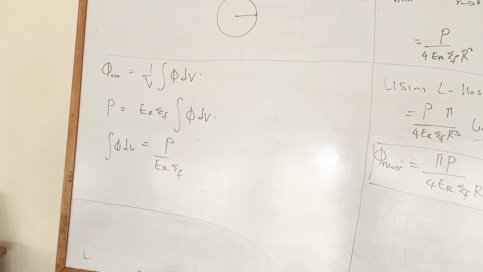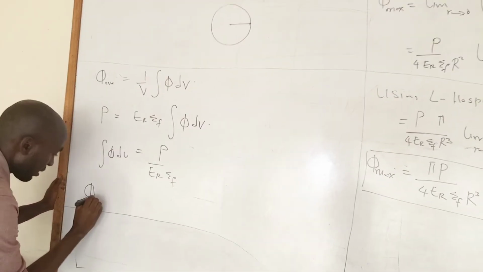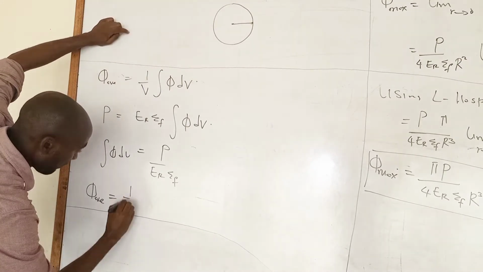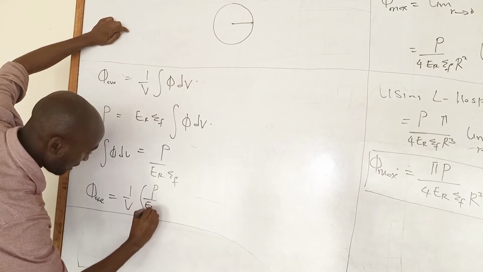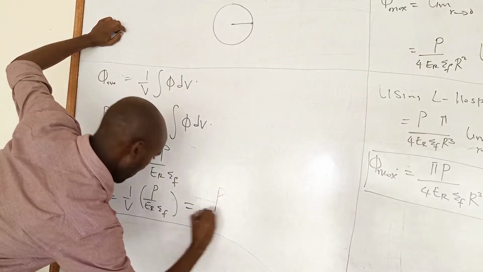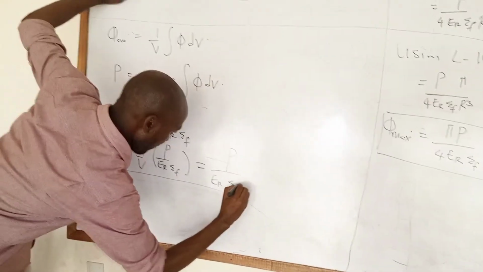So my phi average will now be 1 over V times P over ER EF, which is P over ER EF V.